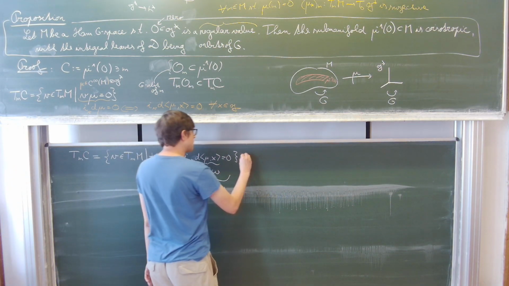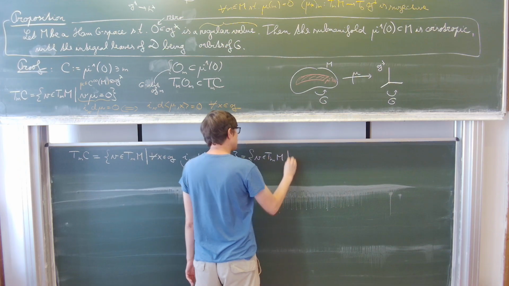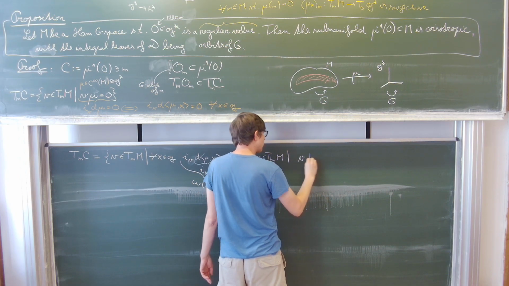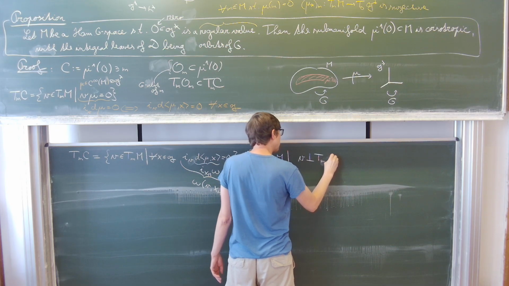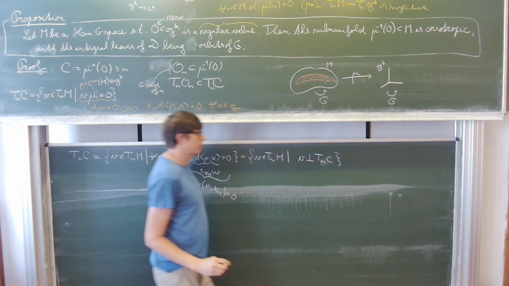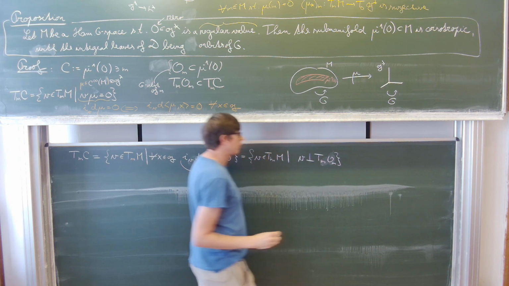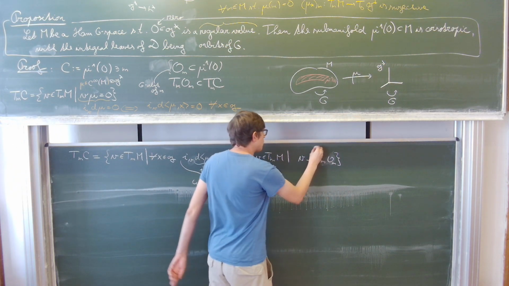So this is the same as to say that these are v such that v is orthogonal to the tangent space of the orbit. Orbit, sorry. We're orthogonalizing here, this is with respect to omega.